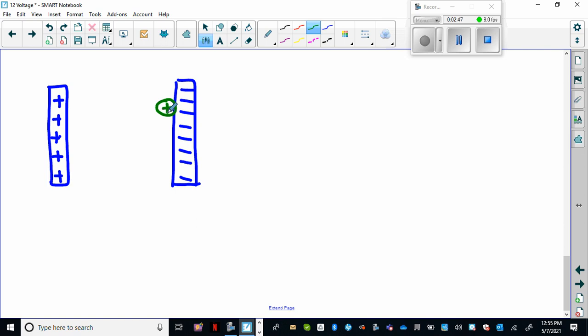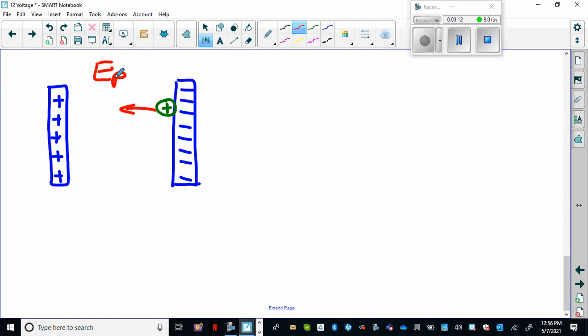However, if a crane comes and holds me up 5 meters in the air and then lets go of me, then yes, I have incentive to move to the ground. So in other words, as we move this proton towards the positive plate, it is gaining electric potential energy, and we just call it EP because it's potential energy, right?